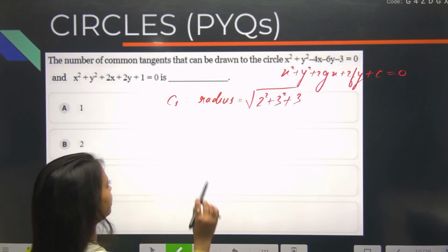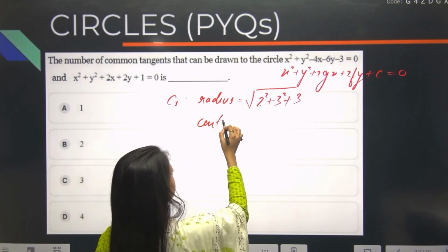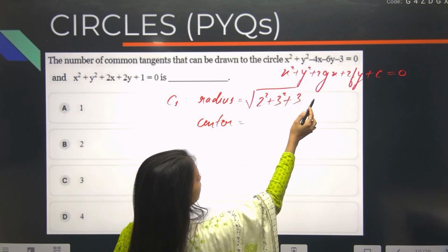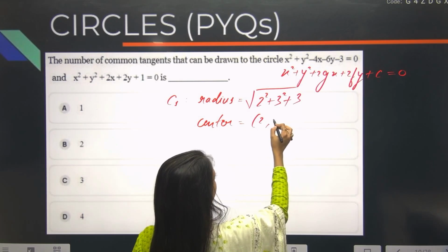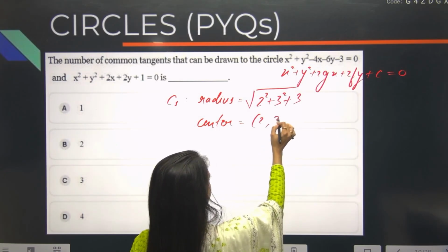And what's the center? Center is minus g, minus f. So that is 2, 3. 2, 3 is the center.